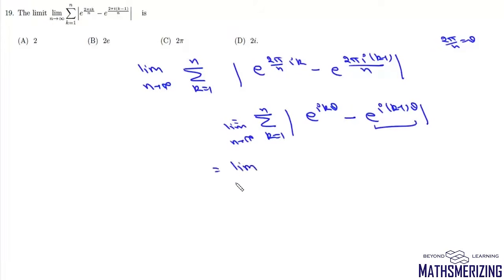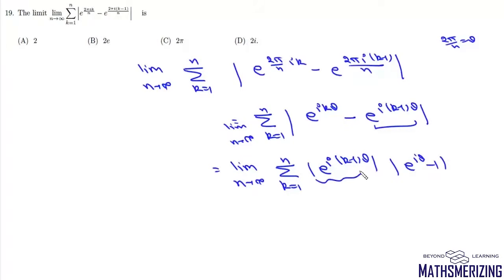We can write limit n tends to infinity, summation k varies from 1 to n, mod of e^(i (k-1) theta) and then e^(i theta) minus 1. Now modulus of e^(i theta) is simply 1, so this value will be 1.